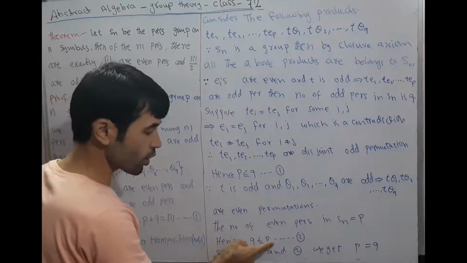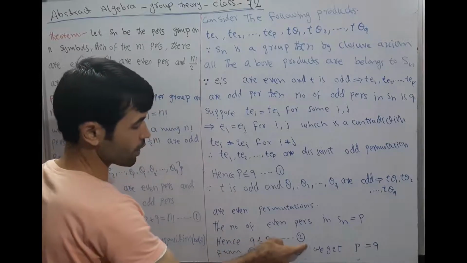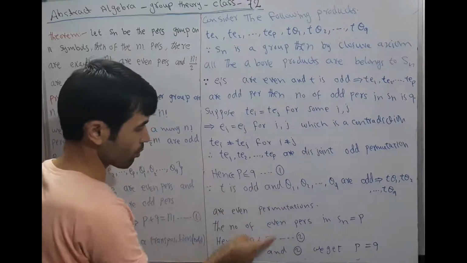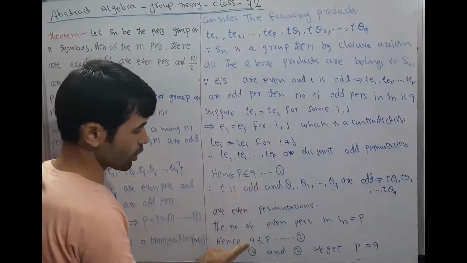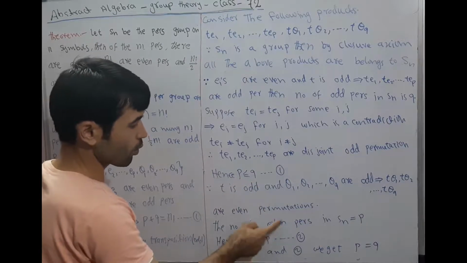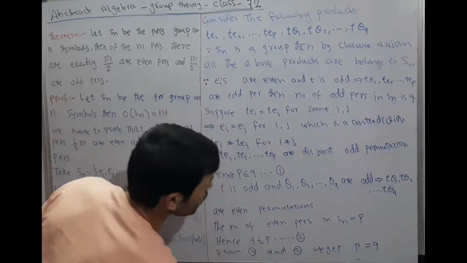So Q is less than or equal to P. It is relation 2. From relation 1 and 2, P is less than or equal to Q, and Q is less than or equal to P. We get P is equal to Q.